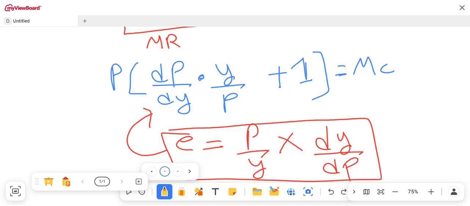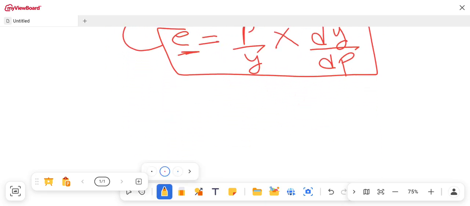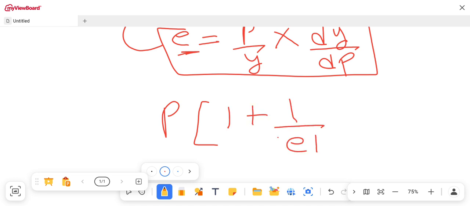We denoted this by E, and it is the reciprocal, so we write it as price is common, 1 plus 1 upon modulus E, where E refers to elasticity, equals to marginal cost.